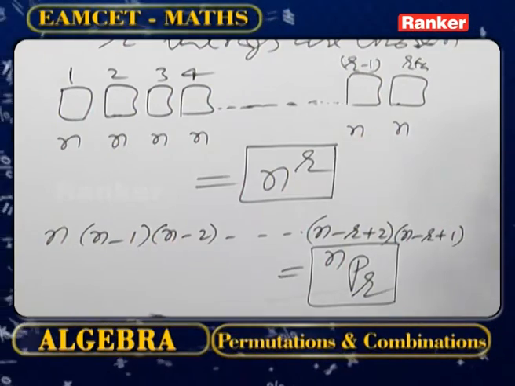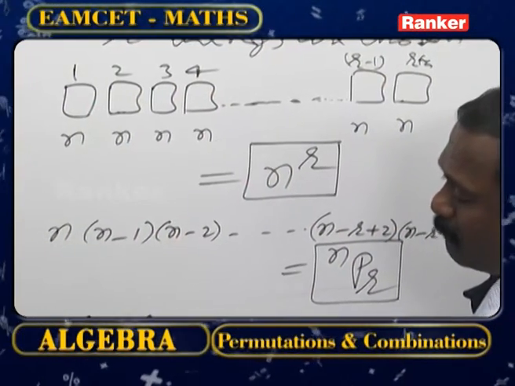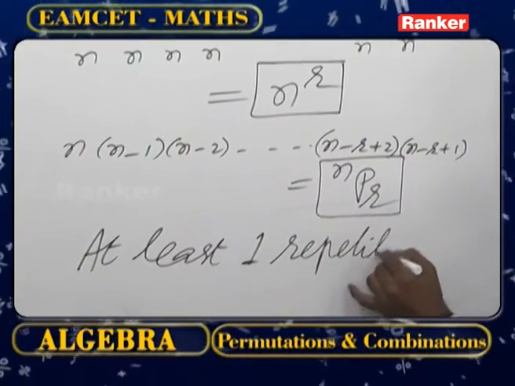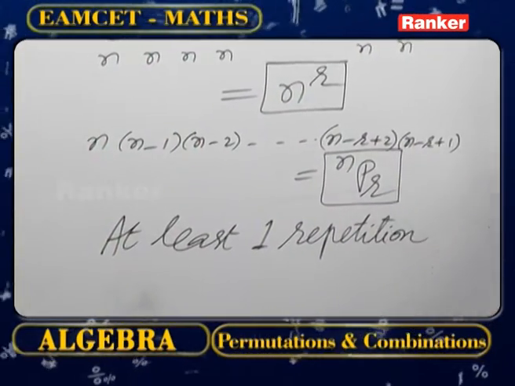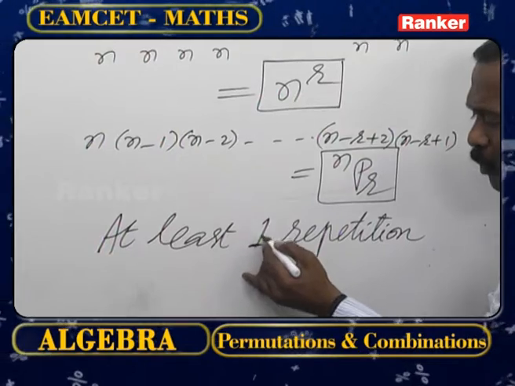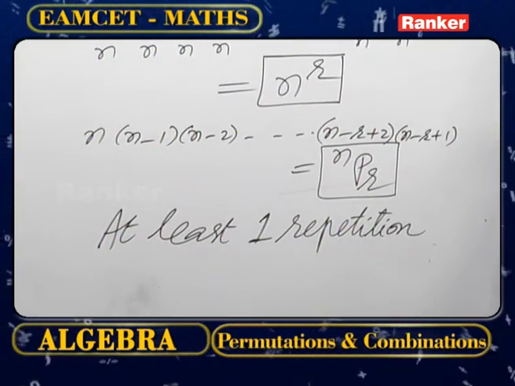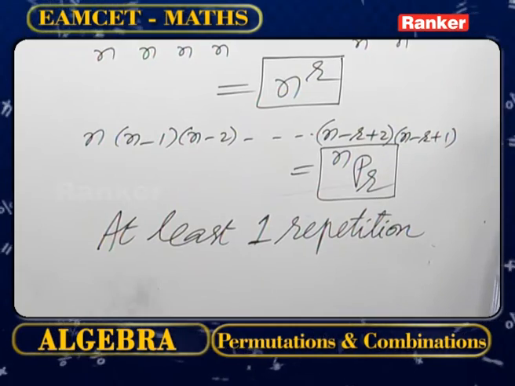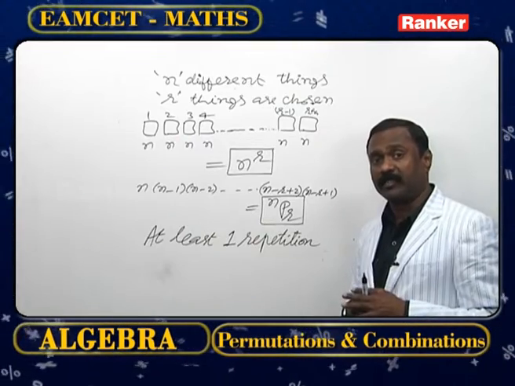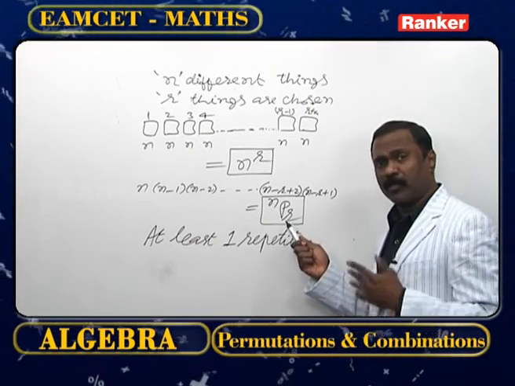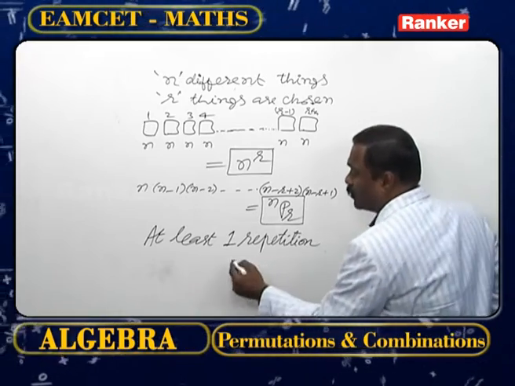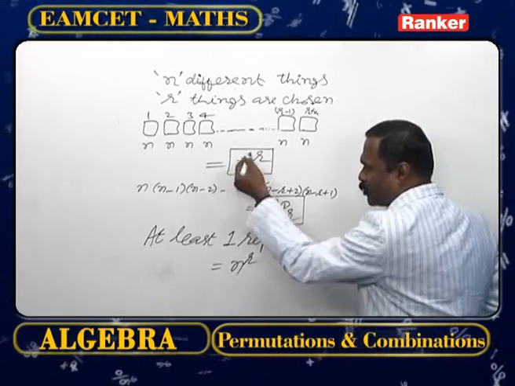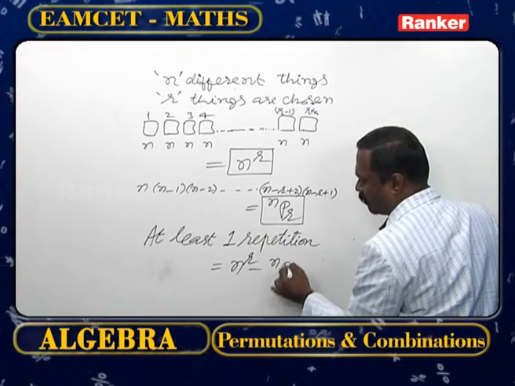But we want at least one repetition. Understand this carefully. At least one repetition means what? We don't want those arrangements without repetition. So what we do, we subtract this from the total: n power r minus nPr.